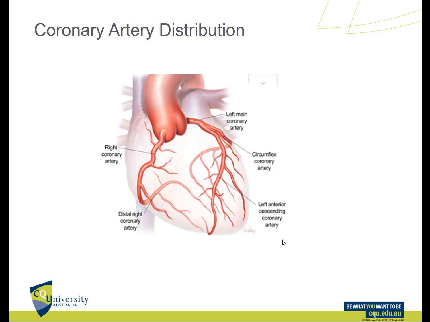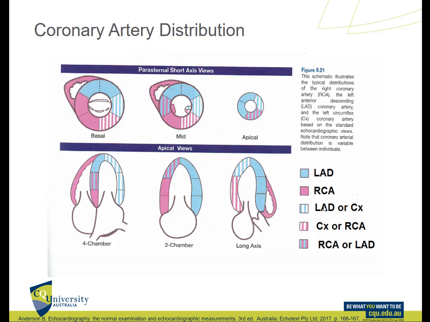So going back to coronary artery distribution for a minute, let's remember this. We have our right coronary artery, our left anterior descending, and our left main. So how do we put this into the 17-segment model? Essentially, here's our model again.